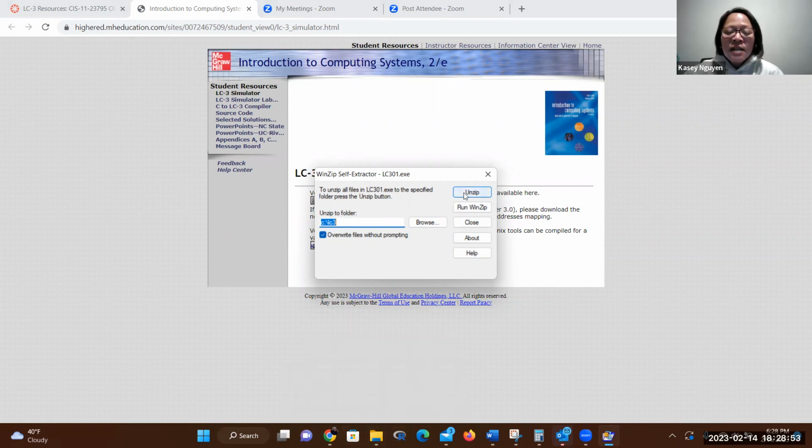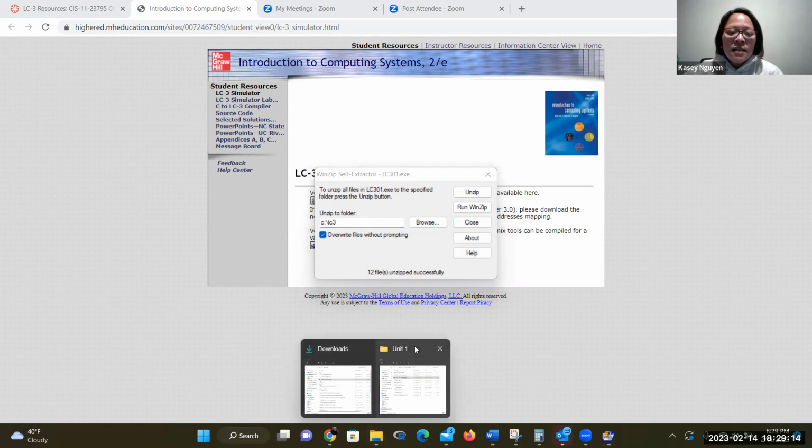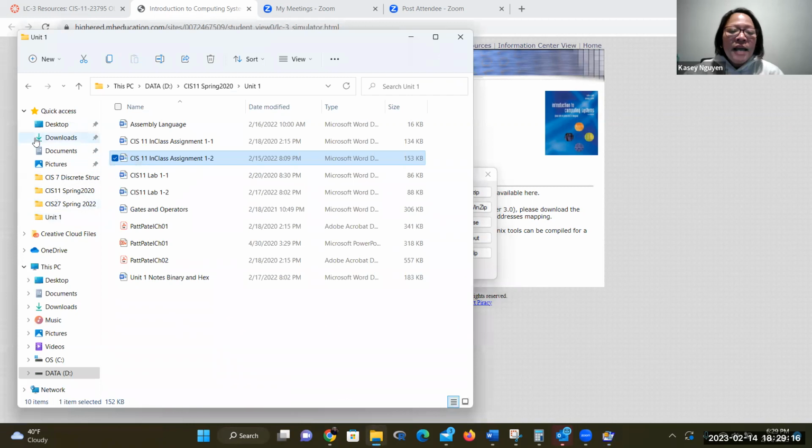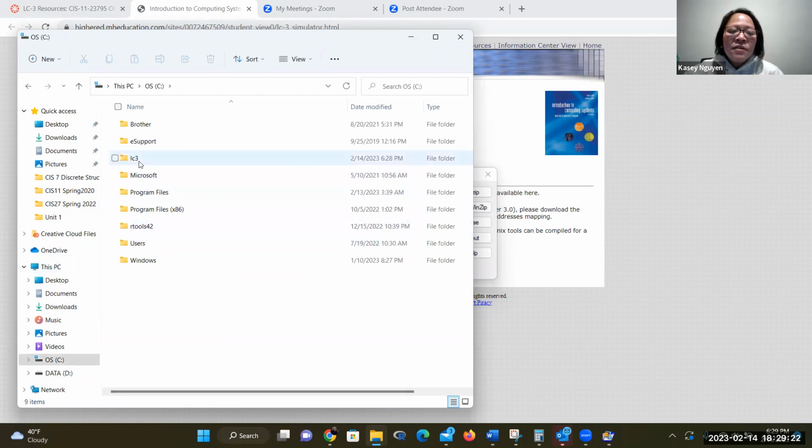It's going to ask you to unzip. Now it's going to say that 12 files are unzipped successfully. You notice that this is the path for the simulator. It's going to put it on your C drive. So there's a folder called LC3, and that's where the simulator is going to exist. So after I unzip, I'm going to go to This PC and go to my C drive, and there's my LC3.